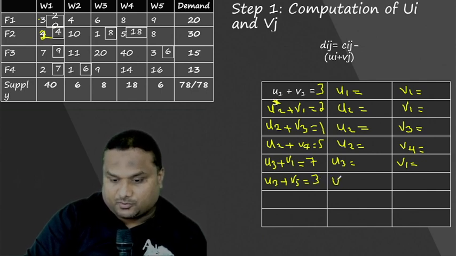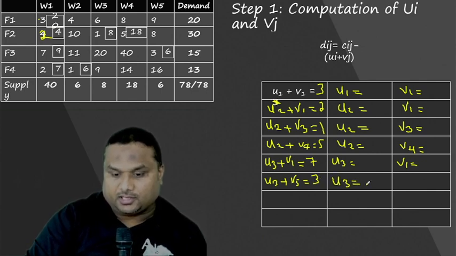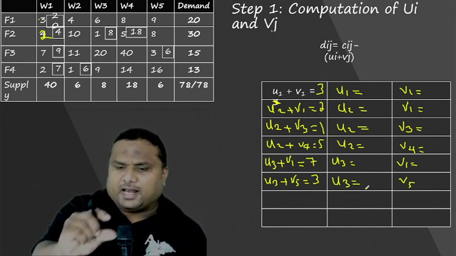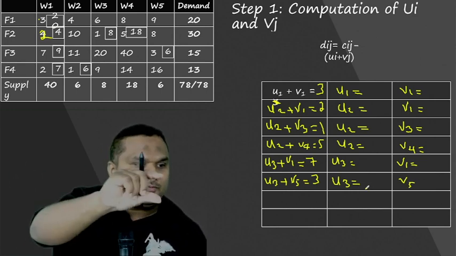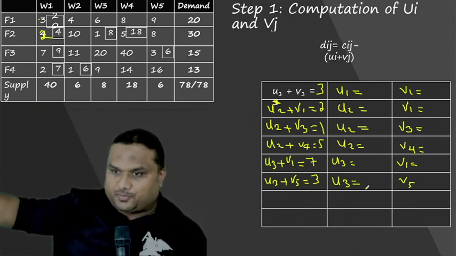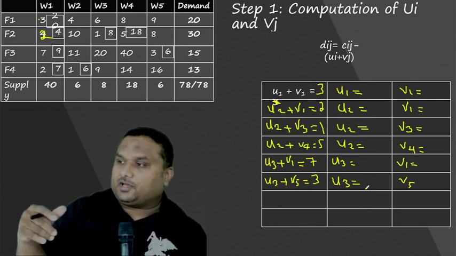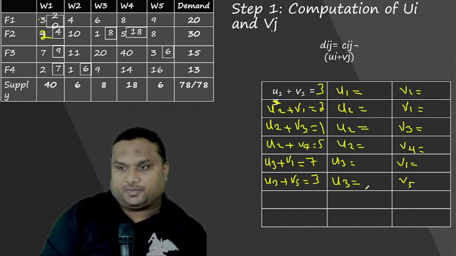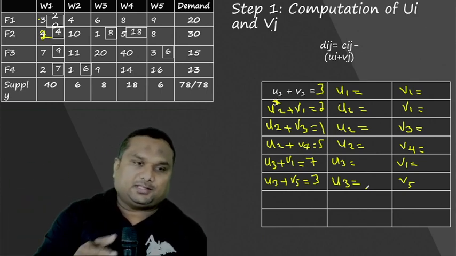Now what am I supposed to write here? U3 equal to, V5 equal to, correct? The alignment of writing U1, V1 should be in order. Alignment should be perfect. If you write some values on this page and some on another page, it will take time.